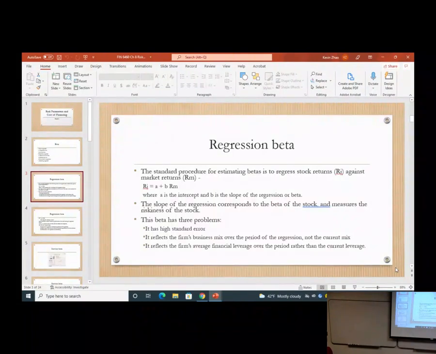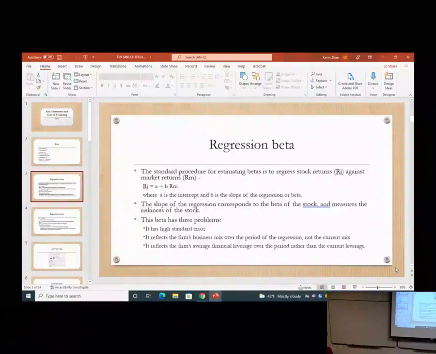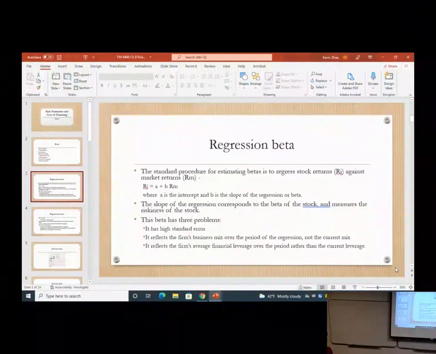It measures the relative riskiness of an individual stock against the market. So that is regression beta. And regression beta, in theory, it's a sound theory. It's based on capital asset pricing model. But in practice, there are many details for you to address.